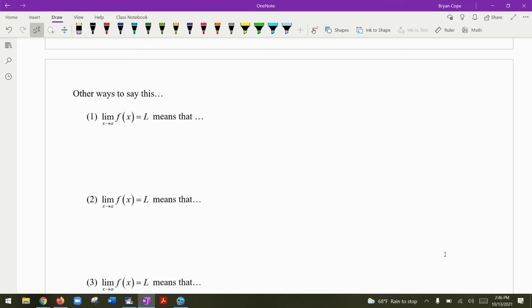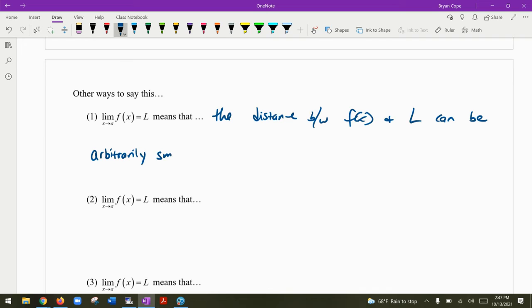So the limit is L. This means that the distance between f of x and L can be made arbitrarily small by making the distance from x to a sufficiently small.